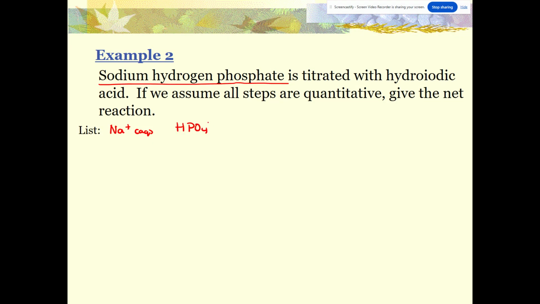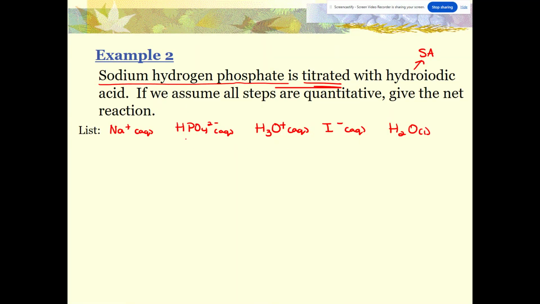I know it seems like there's 3 ions in this compound, but there's always 2 ions. The hydrogen phosphate is a polyatomic ion. It is being titrated with hydroiodic acid, which is a strong acid. So it is forming hydronium ions and the iodide ion continuously. Titrated means it's being continuously added.